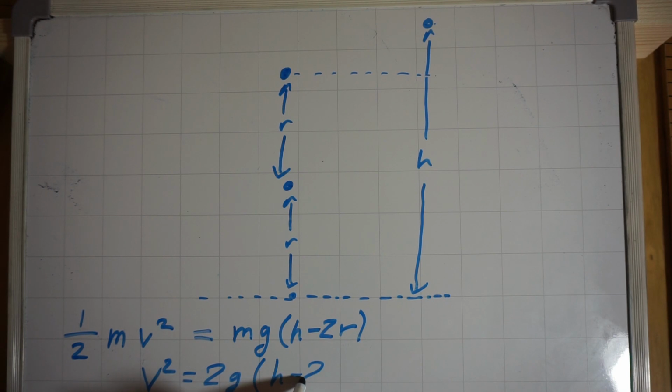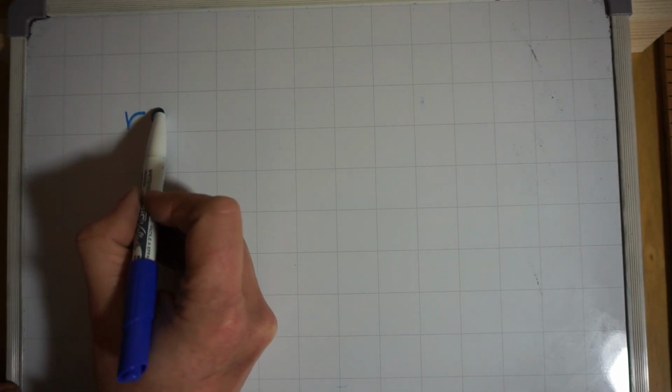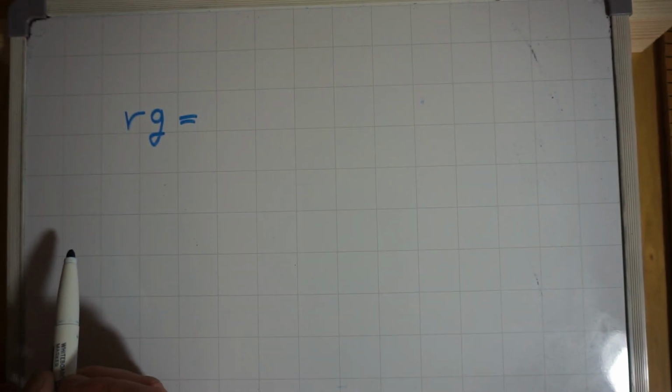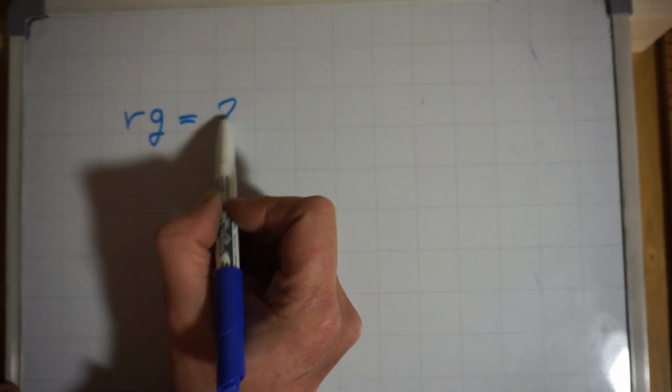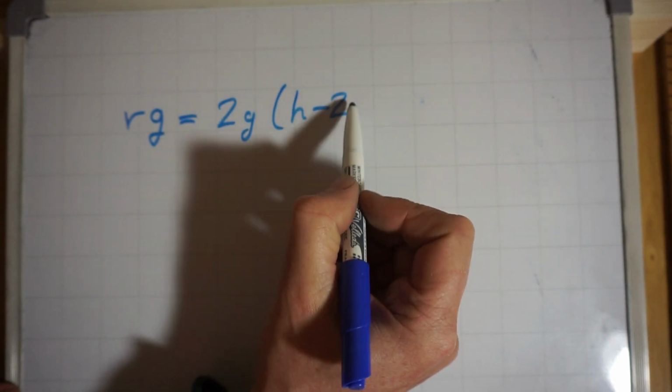From our consideration of the sphere at its highest point, we had that v squared was equal to rg, and by consideration of energy we had that v squared was equal to 2g(h minus 2r).